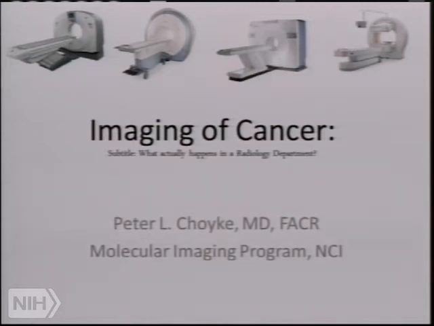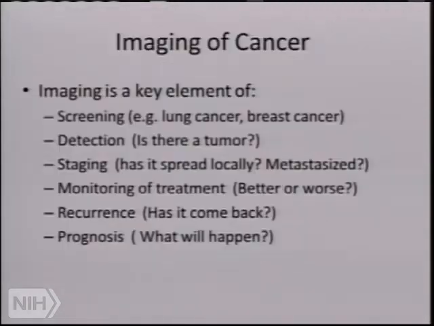As you can see on the top of the slide, many of these devices externally look very similar to each other. They all have a gantry and a table, and the patient lies horizontally, and then they're scanned. But what comes out of each one of these machines is radically different.